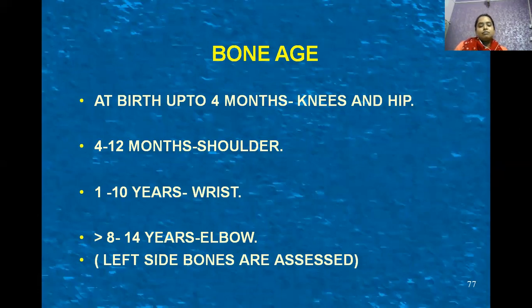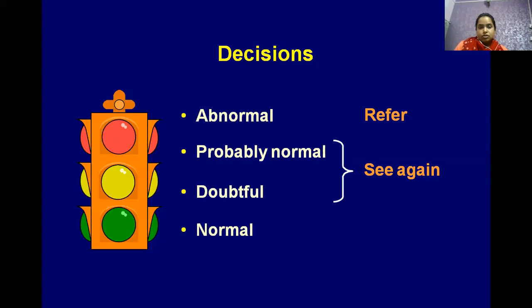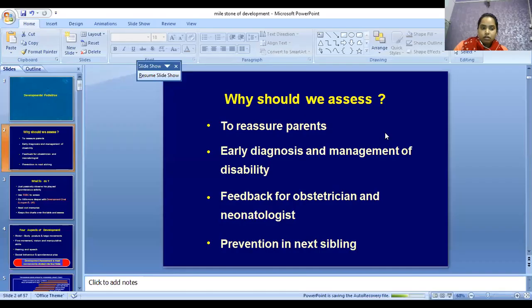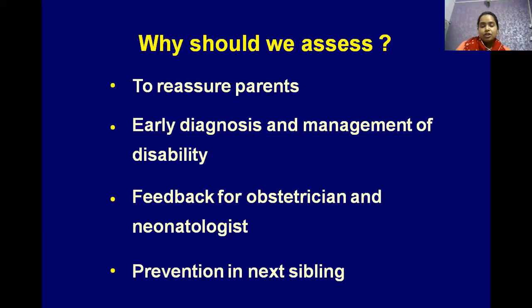So left side bones are assessed. So the decision is abnormal, probably normal, doubtful, or normal. So see again: if there may be some problem, then you can use the milestone development chart, and from that chart you can assess your child's milestones. So it is very important to assess.